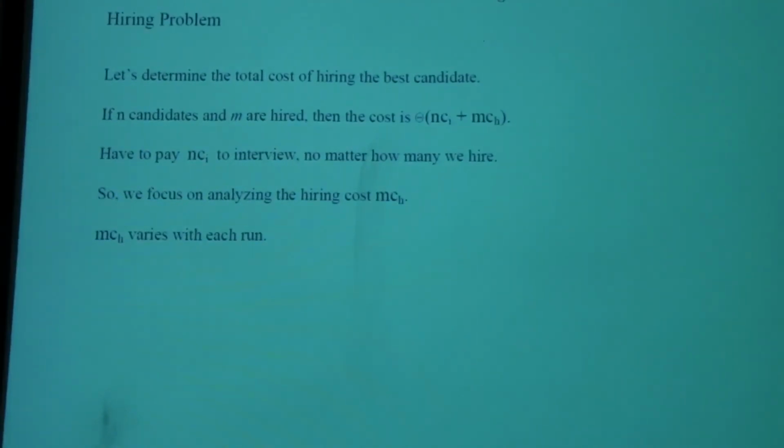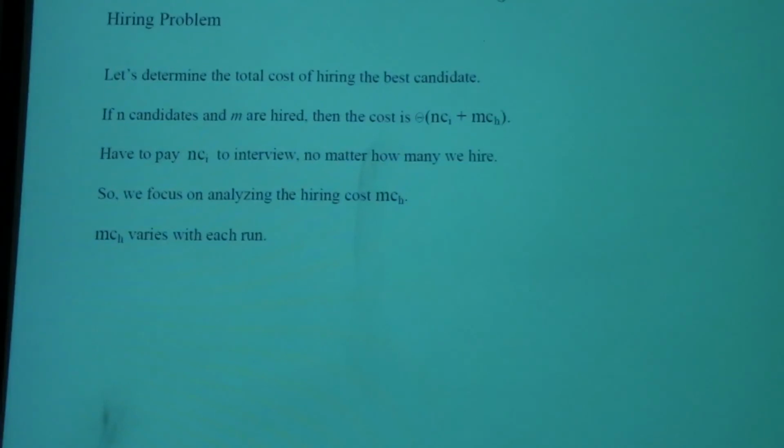So the probability of hiring twice is going to be what? How many possible orders can we have? 10 factorial. So those are all possible orders. How many orders do we have with the best person in position 2? 9 factorial.